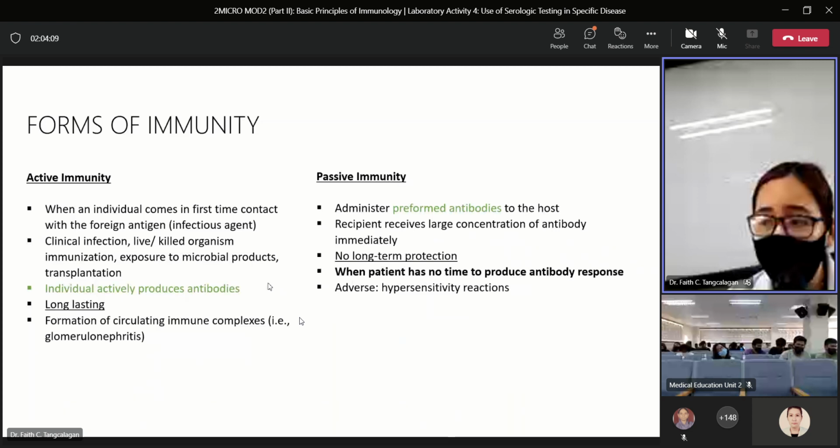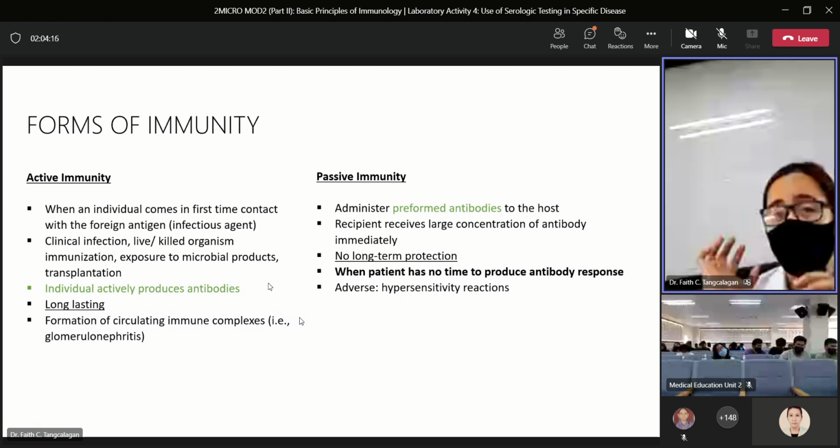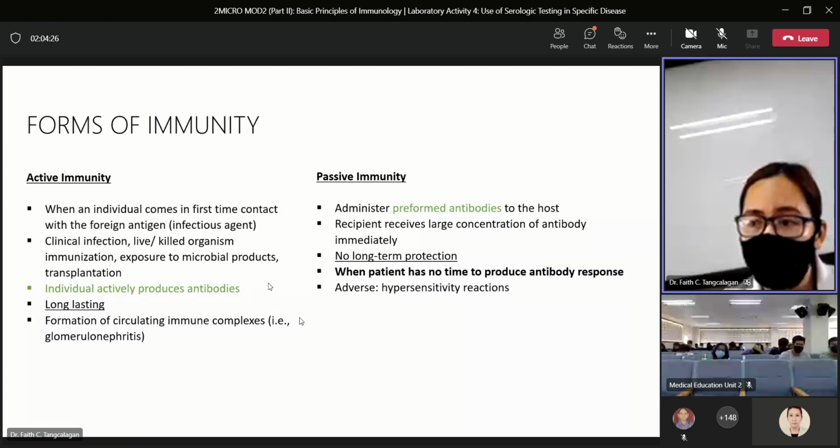But the adverse outcome is that these individuals commonly develop hypersensitivity reactions. That's why when we vaccinate, we monitor for reactions, in case you are hypersensitive.